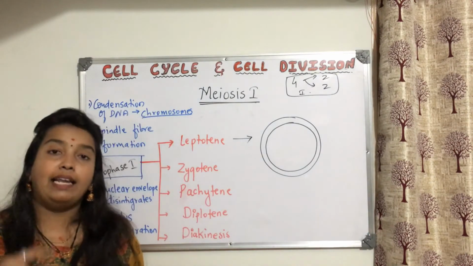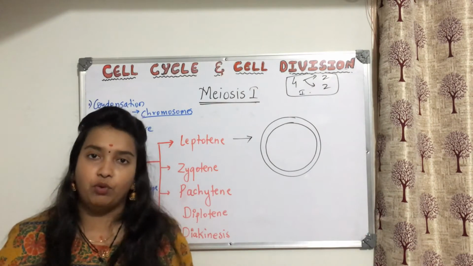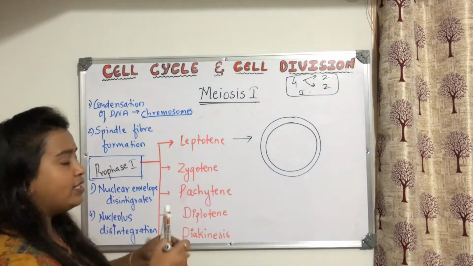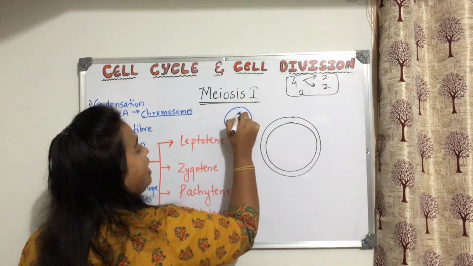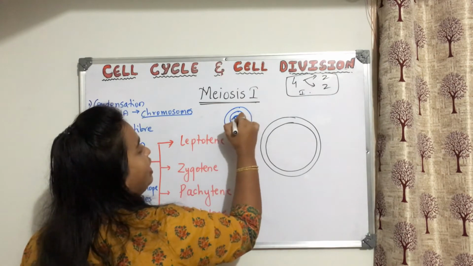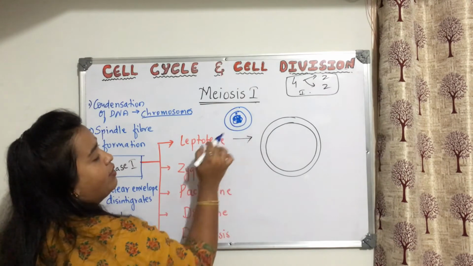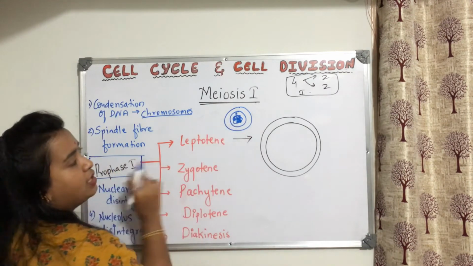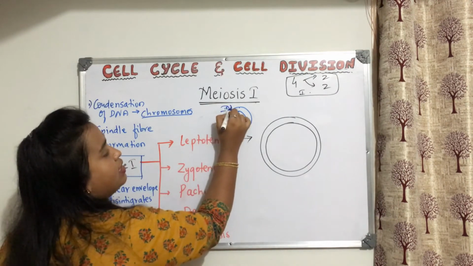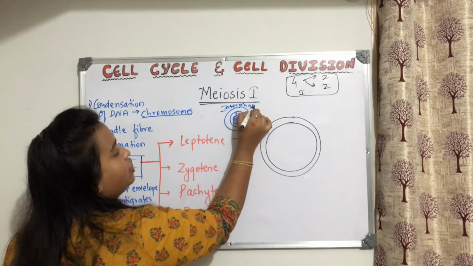Interphase. And in interphase, G1, S, G2, all those things. So in interphase, how will the cell be? The cell along with the nucleus, the chromatin material is like this, no? This is the nuclear envelope, this is chromatin, this is nucleolus. This is how it is in the interphase stage.